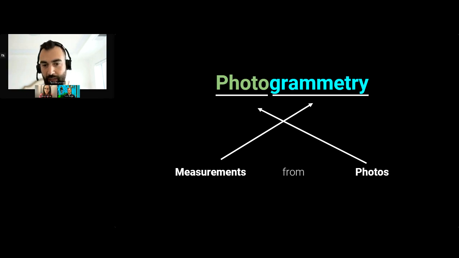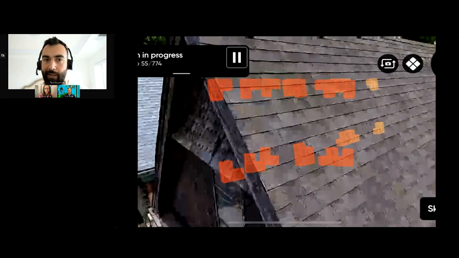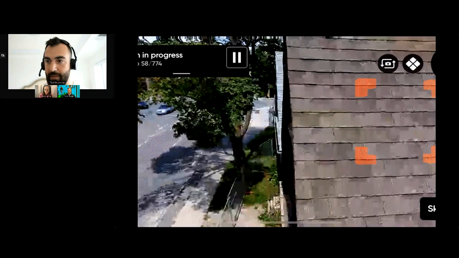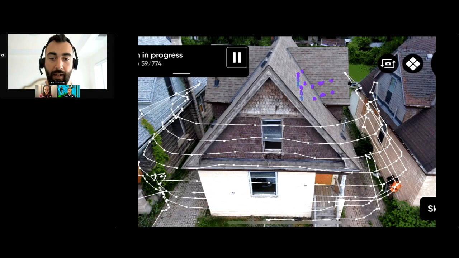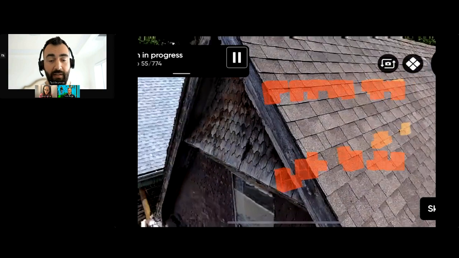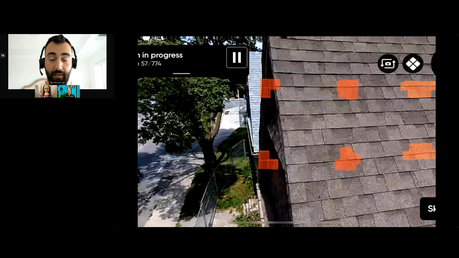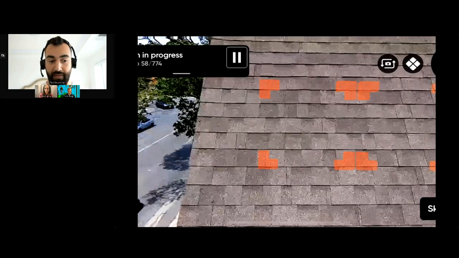So in order to make those measurements, we need photos, and those photos need to be overlapping and captured in a very consistent manner. Same distance from surface is very important. That kind of dictates the accuracy you can achieve, and if that's the same across the entire subject area, then you have a much higher chance of getting the accuracy you desire.